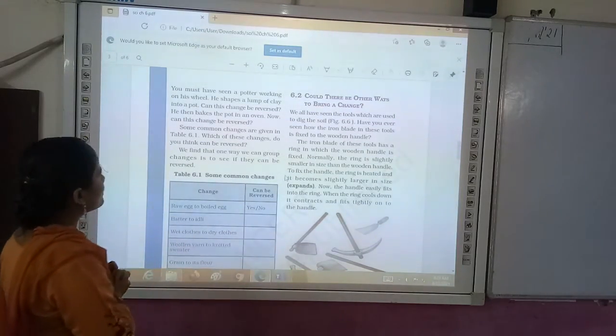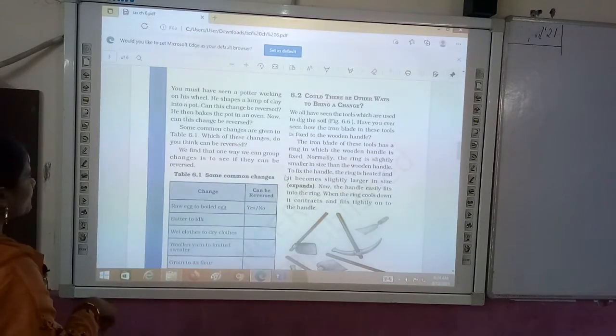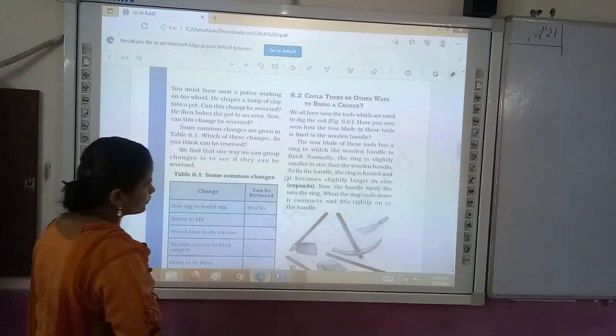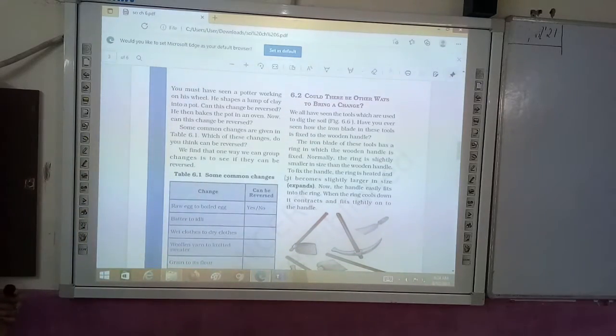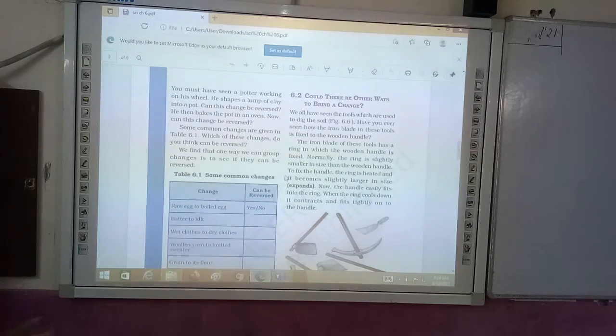Okay. So you have seen a potter working on his wheel. अब आपने potter को देखा होगा, वो अपने wheels से, wheels होती है, इसमें वो pot बनाता है. ठीक है? Shape देता है clay को. He shaped a lump of clay. Lump मतलब गट्ठा. ठीक है? किसी चीज को collective noun यहाँ पे use हुआ है. Lump of clay. ढेर सारा है तो वहाँ पे lump of clay use हुआ है. He shaped lump of clay into a pot.